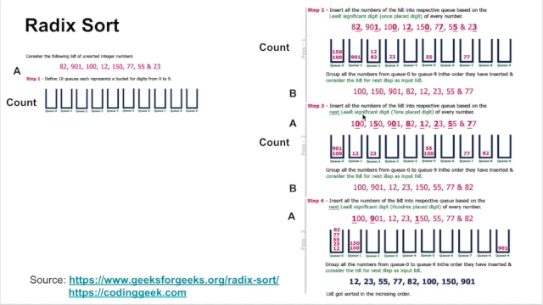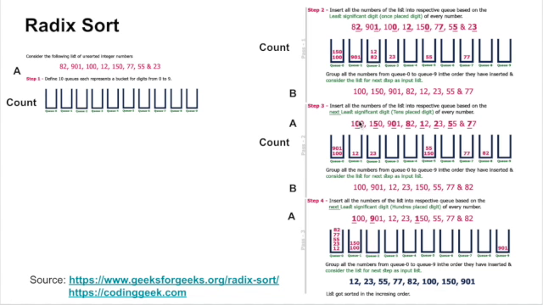And then we do the same thing but with the 10th digit. The 10th digits here are 0, 5, 0, 8, 1, 2, 5, and 7. So in the count array, we will put the element based on the 10th digit.